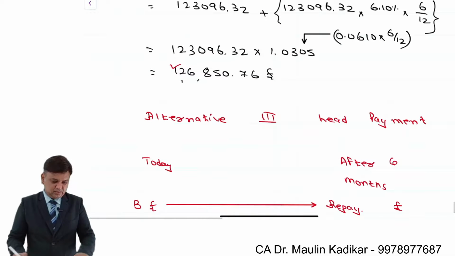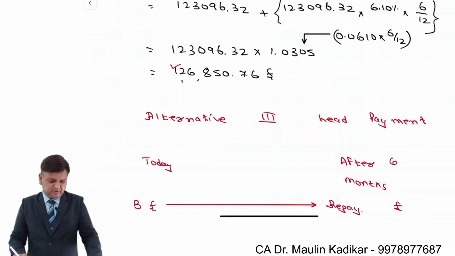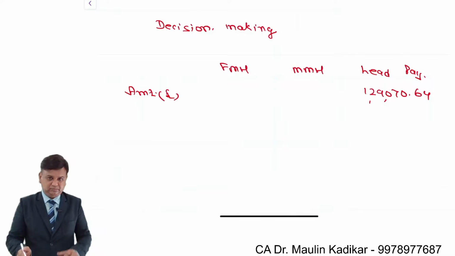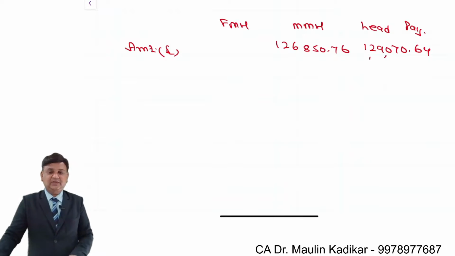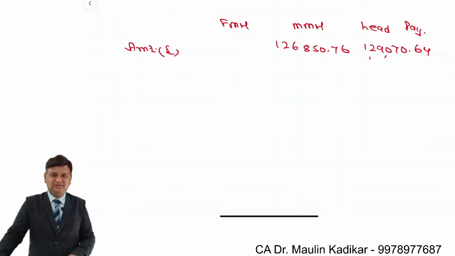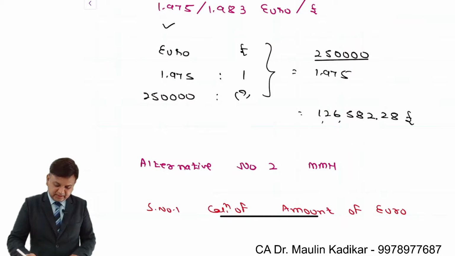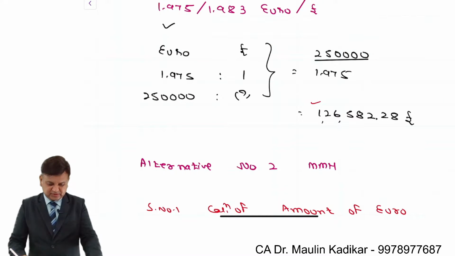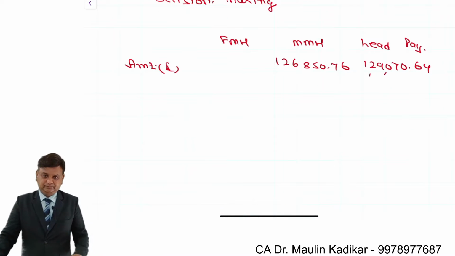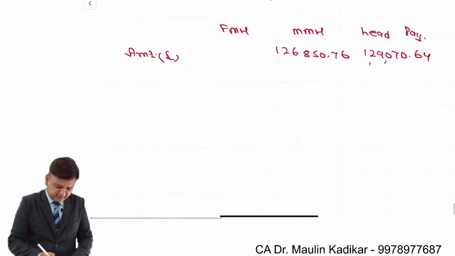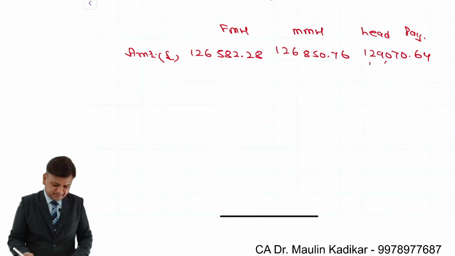Over here, 1,26,850.76 for money market hedge. And the first alternative, forward market hedge, is 1,26,582.28.